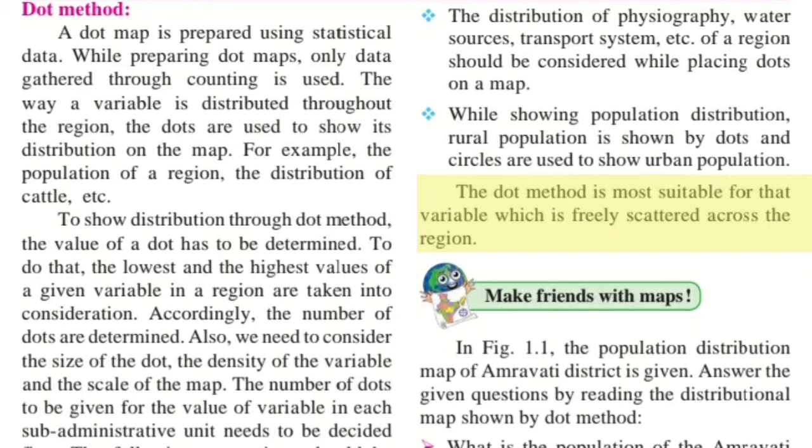The dot method is mostly used for variable data which is scattered around places. If we plot a dot map of population in Mumbai, which has such a big population, we would have to fill so many dots in one area that the reader could not read it. You would have to fill 1000 dots in 1 centimetre, that is how much population Mumbai has. So it is just for scattered areas, for villages.